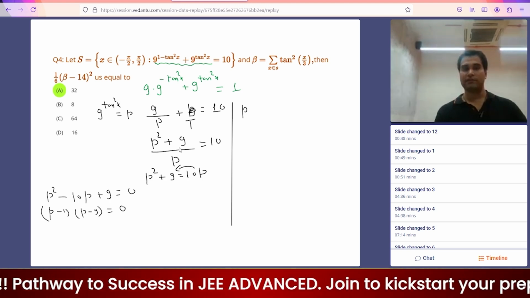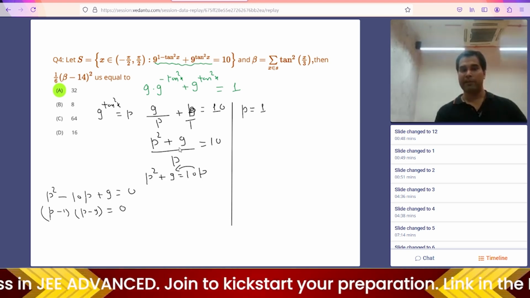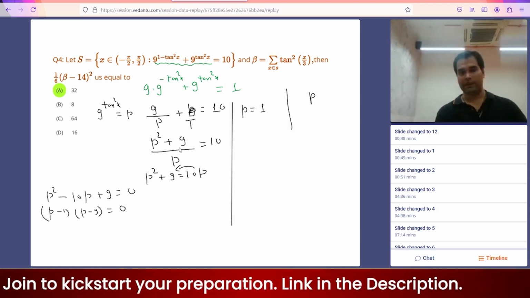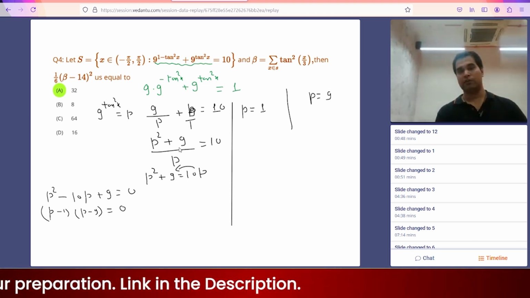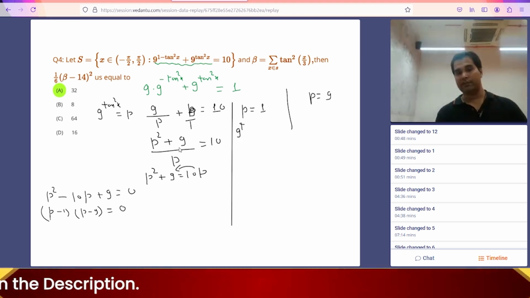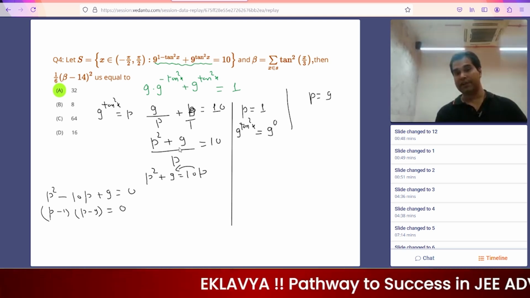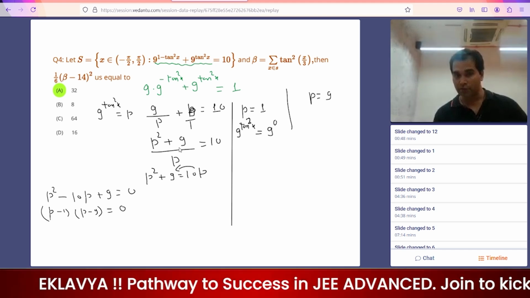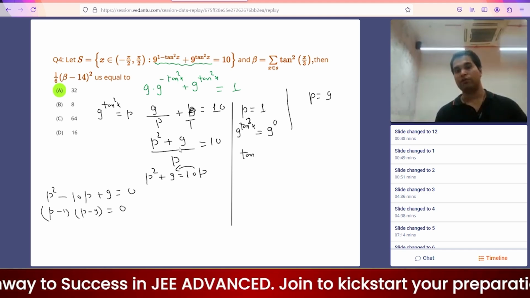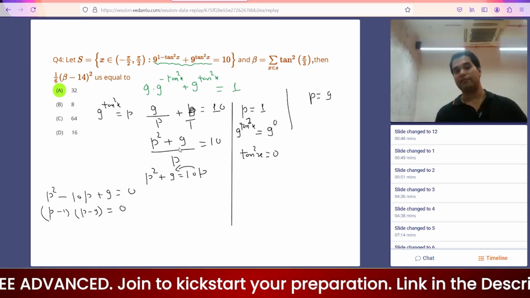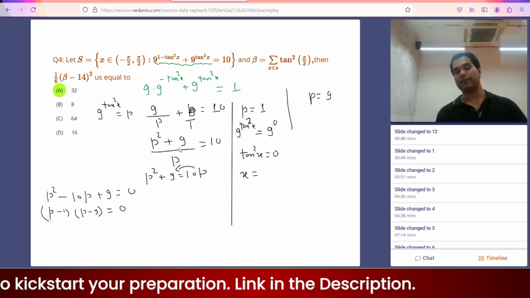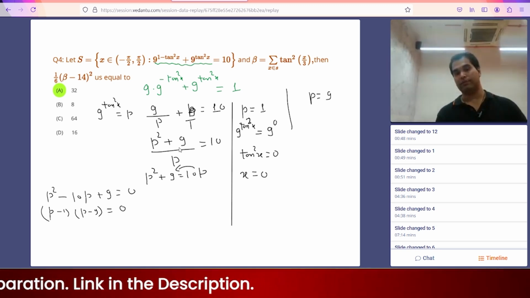This means p equal to 1 and p equal to 9. P equal to 1 means 9 raised to tan square x equal to 1, which is also written as 9 raised to the power 0. Comparing both sides' powers, we get tan square x equal to 0. This means x equal to 0.